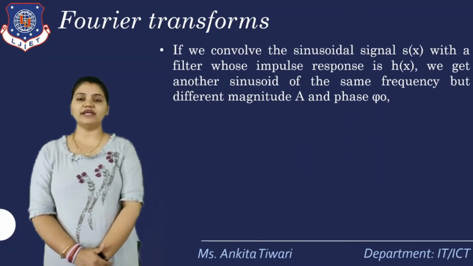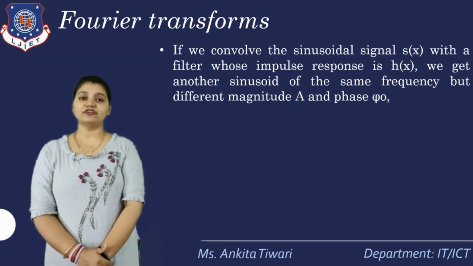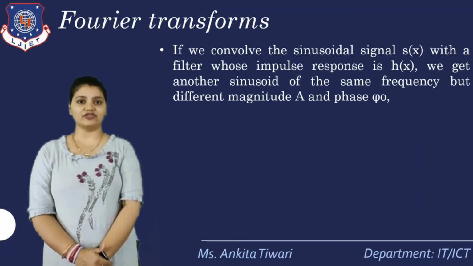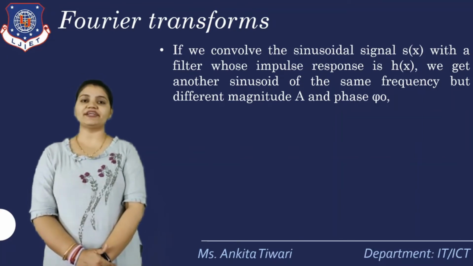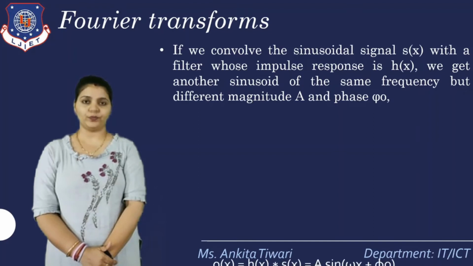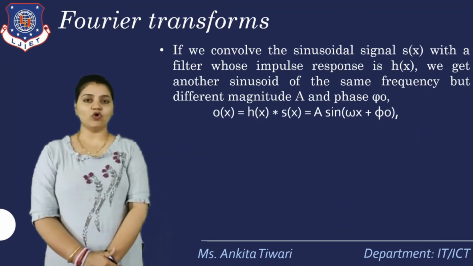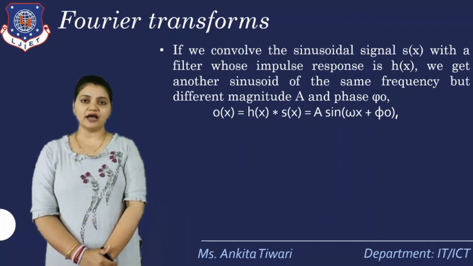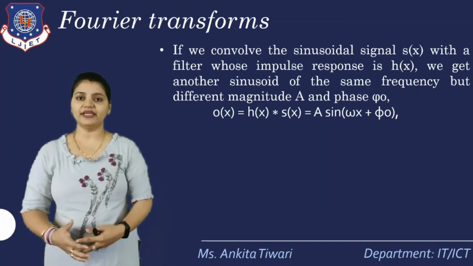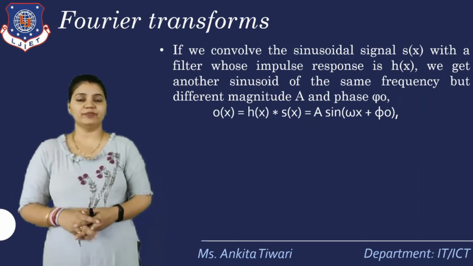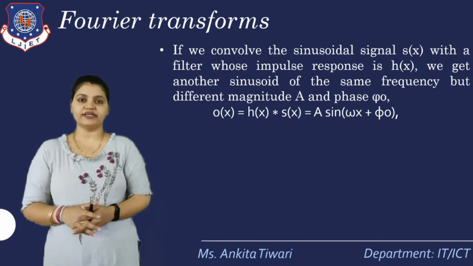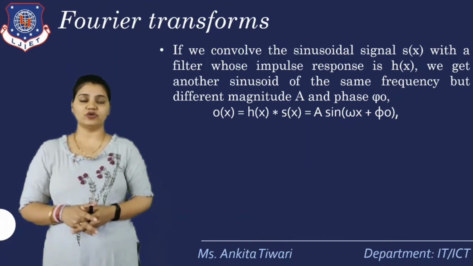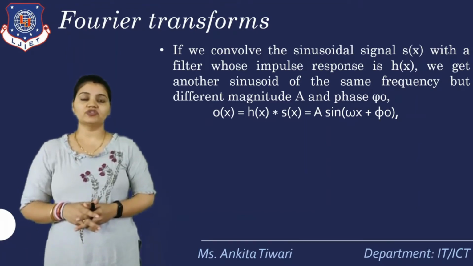Now, if we convolve the sinusoidal signal s of x with a filter whose impulse response is h of x, we get another sinusoid of the same frequency but different magnitude A and phase phi o. So o of x is equal to h of x convolved with s of x, which gives the formula A sin of w x plus phi o.